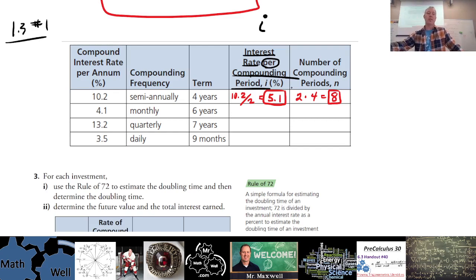So the interest rate, which would be 10.2, if it's compounded semi-annually, then the little i is 10.2 divided by 2, because it's 2 times per year. So the interest rate of 5.1% is calculated every 6 months. It's not 10% every 6 months. If it's monthly, it's not the full annual interest rate every month.